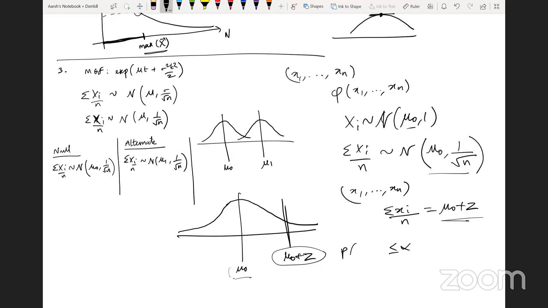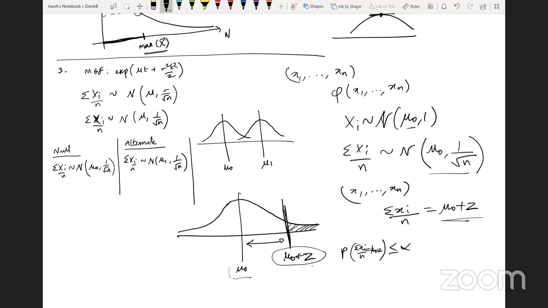So, probability of... right. So this is the value mu naught plus alpha. This is the value mu naught plus z, and this area measures how extreme this is, so how far this is from the expected value of mu naught.